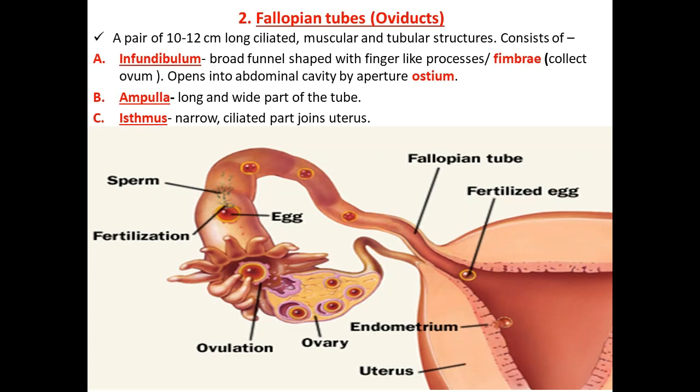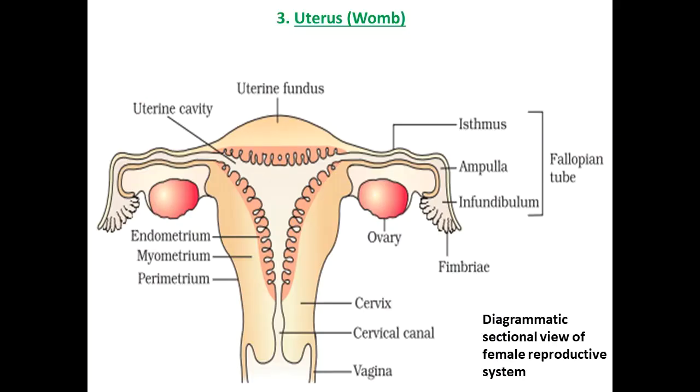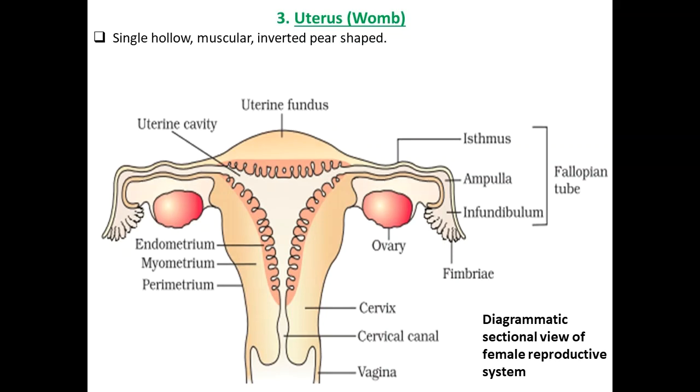The third part of the female reproductive system is the uterus, which is commonly called the womb of the mother. It is a single, hollow, muscular, inverted pear shaped structure. It consists of 3 parts.